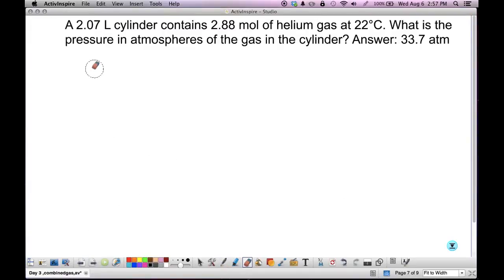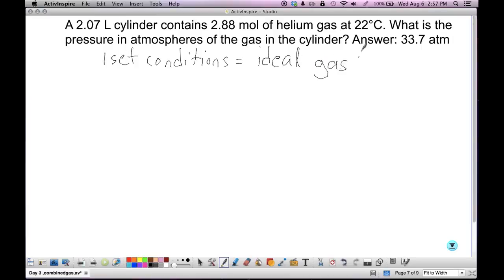Here we have a problem. Now, when we look at this problem, one thing that might strike you as a little different from the problems you've seen in the past is that this has a gas under only one set of conditions. Okay, so if you see something under one set of conditions, you should be thinking to yourself, ideal gas law. Okay, so I have a volume, I have the number of moles, and I have a temperature. So my volume is 2.07 liters.